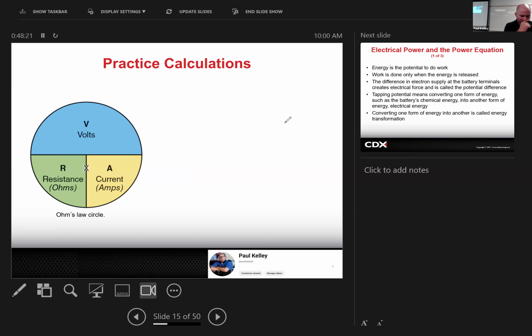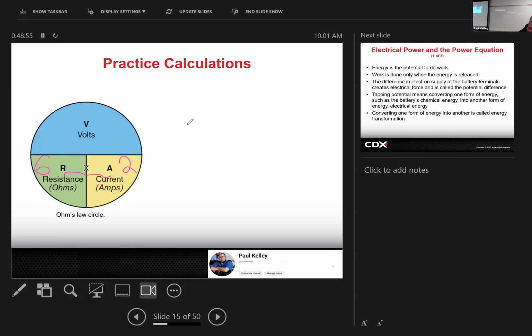All right, but let's switch it up here. Maybe we don't know the volts. How about if we have, let's go with ohms of 6 ohms, and we have 2 amps. How would we figure that out? Well, that's how we look at this.